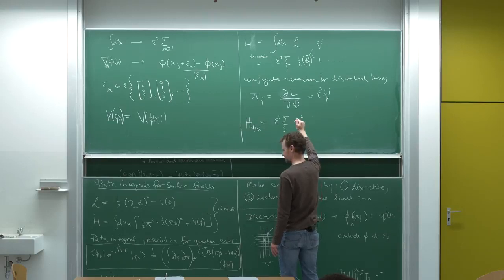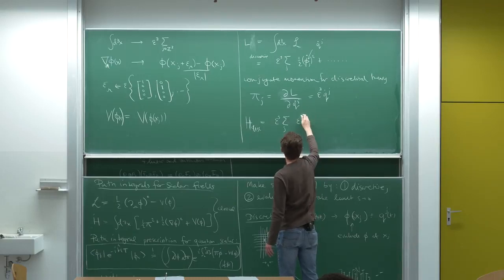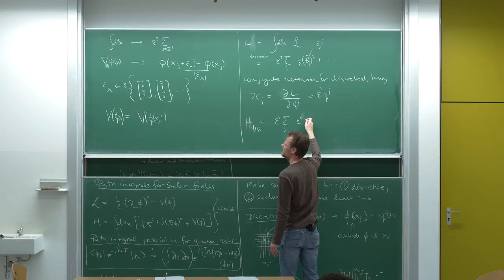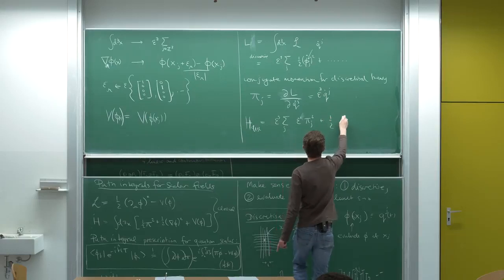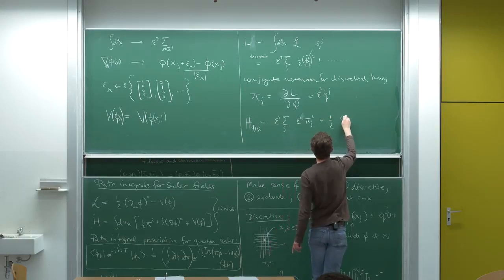Wait on, is it epsilon 6? Epsilon 3, I think. Minus 3. Plus a half these finite differences.